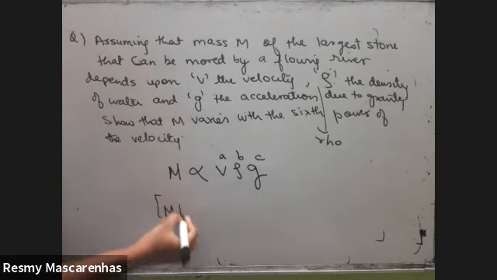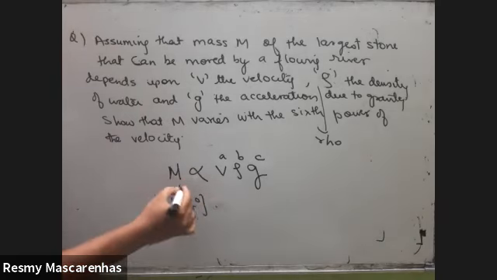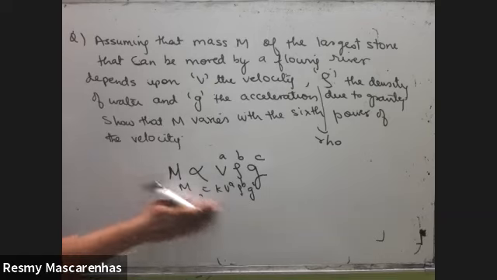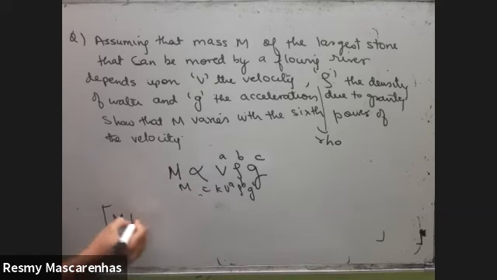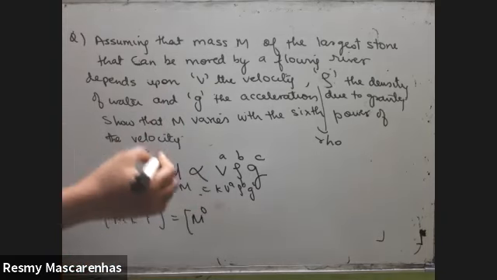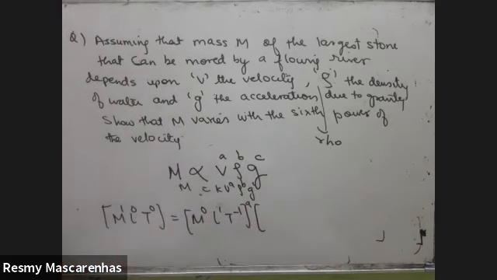M will be, first just write that. Velocity will be, then substitute your density and then acceleration due to gravity.